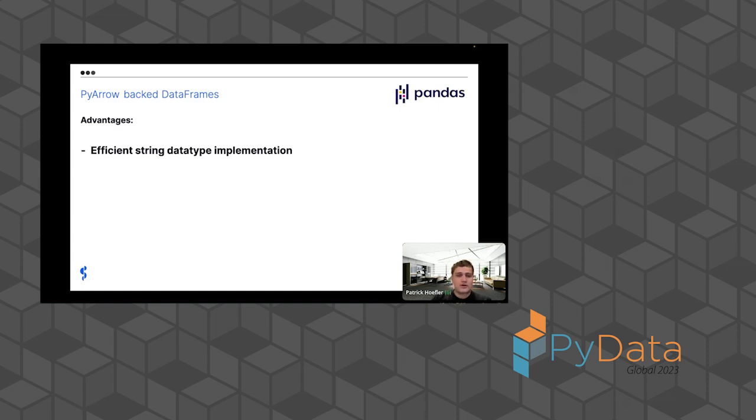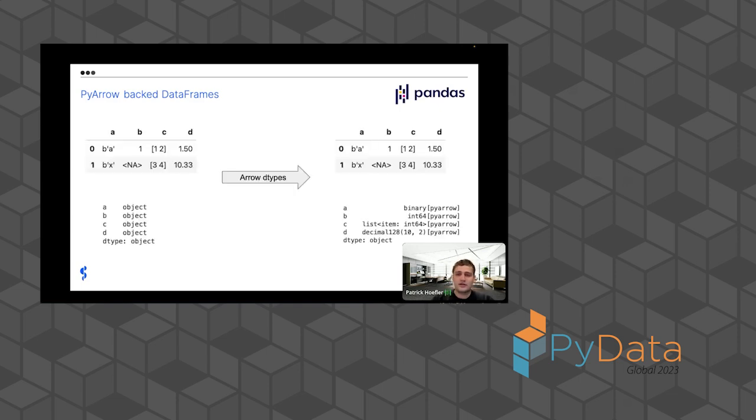So this brought us huge improvements. But also we gained access to a huge number of different data types. Previously, everything that was non-numeric or bool basically fell back to NumPy object. And now we get access to stuff like bytes, decimals, structs, list data types, and many, many more.